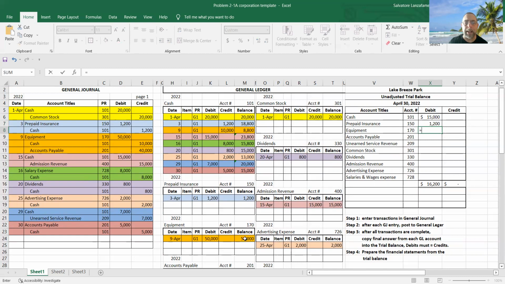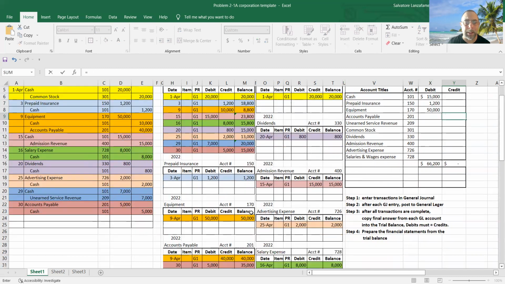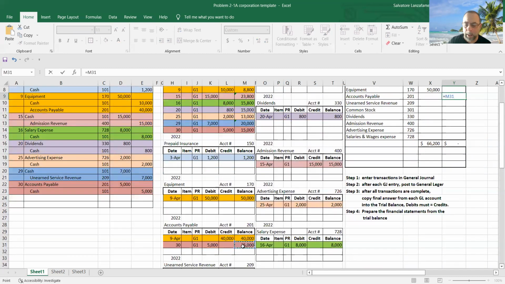Equipment, another asset, debit balance of $50,000. All your debit aid accounts will end up on the debit side of the trial balance. All your liquor accounts will end up on the credit side. So let's see if we do that and we balance. So accounts payable would be next. That's a liability, which makes it a liquor account. And that goes on the credit side.